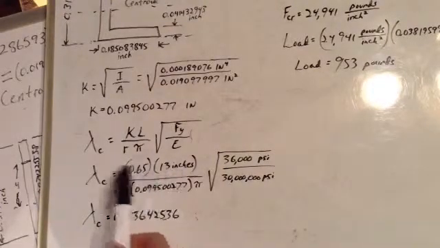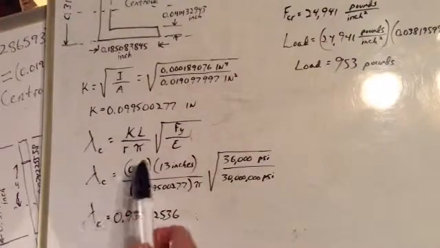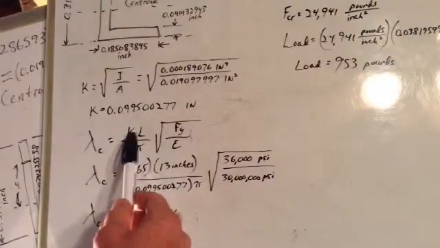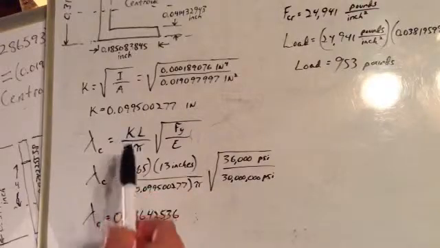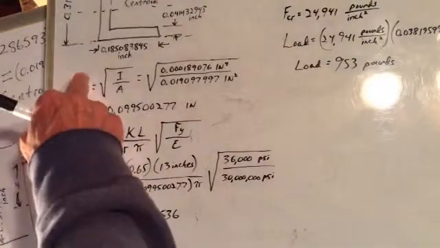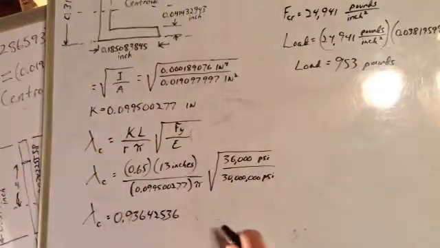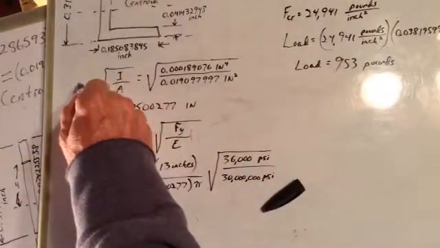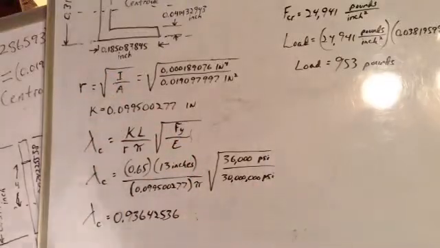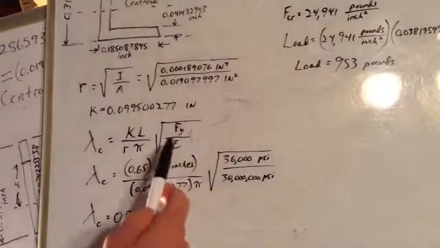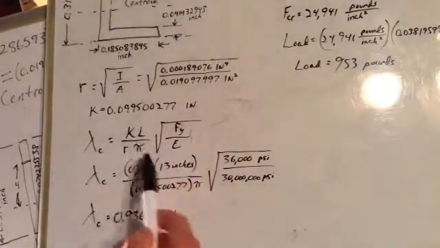It said, well, first off, we have to find our lambda C. Well, it's a different kind of K. That K is talking about how the ends of the column are held in place. Let's just change this K. Let's call it R, because it's radius of gyration. That letter is used for radius of gyration also. Sometimes they use K, sometimes they use R. Okay, so there it is.